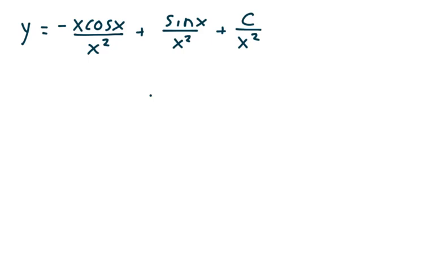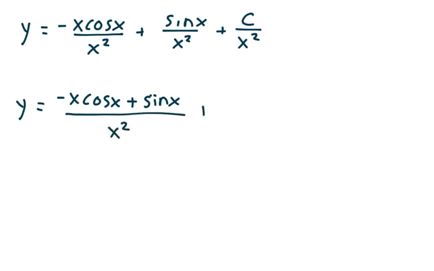And again, it depends on your instructor and how your instructor wants this written out. So it's one where you want to verify. One possibility is you can write this as y equals negative x cosine of x plus sine of x over x squared plus c x to the negative 2.